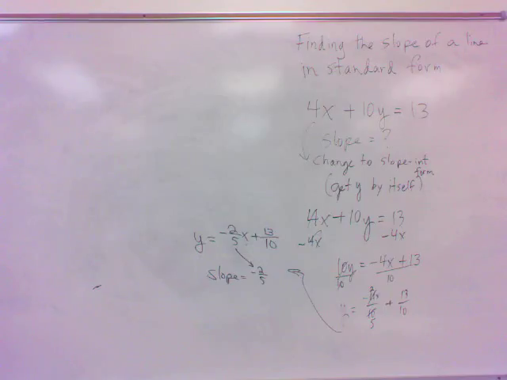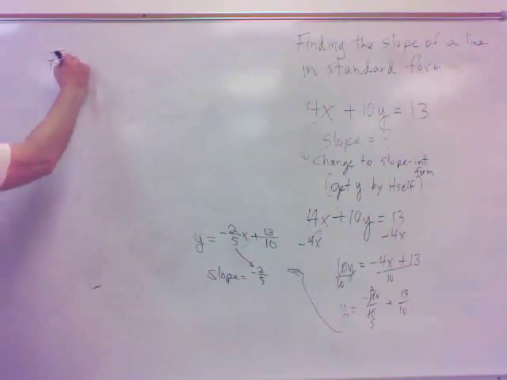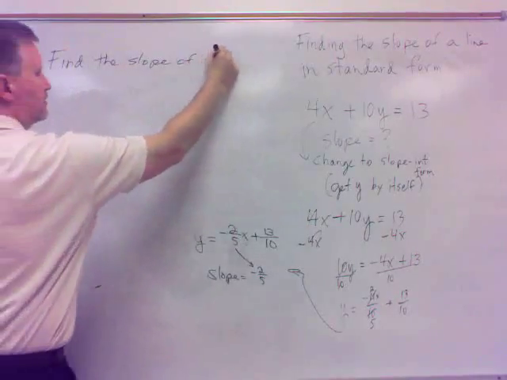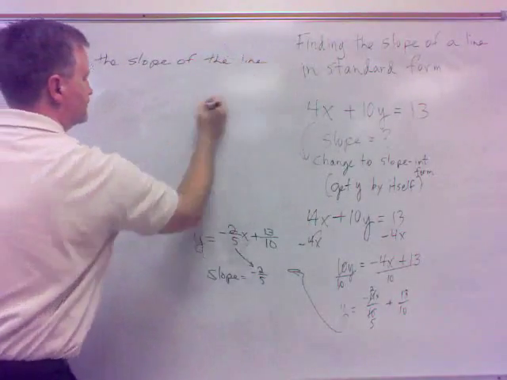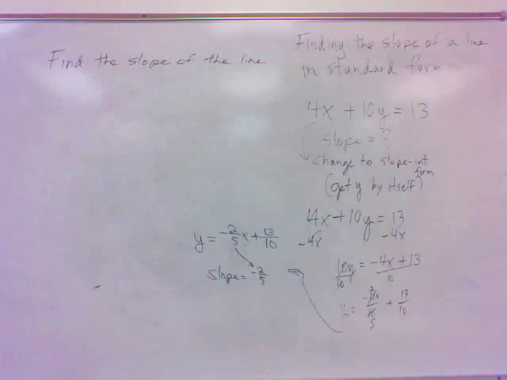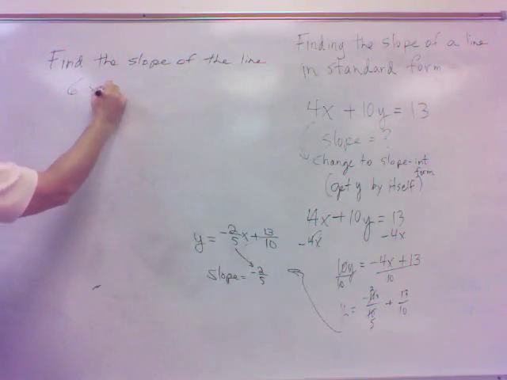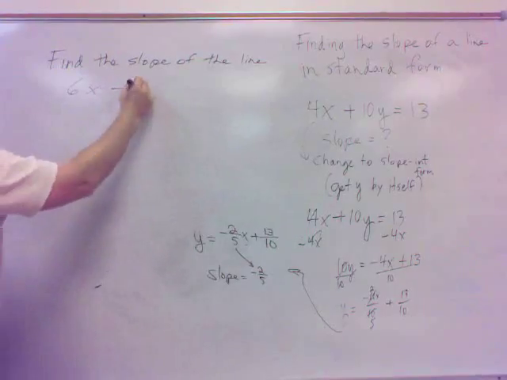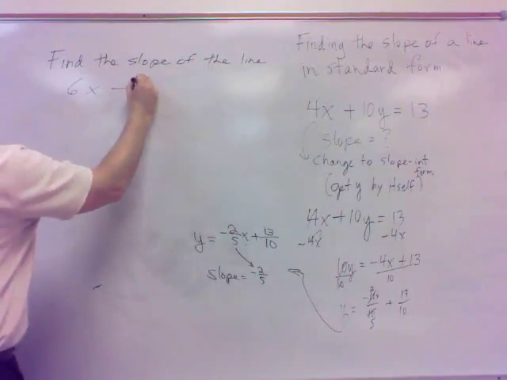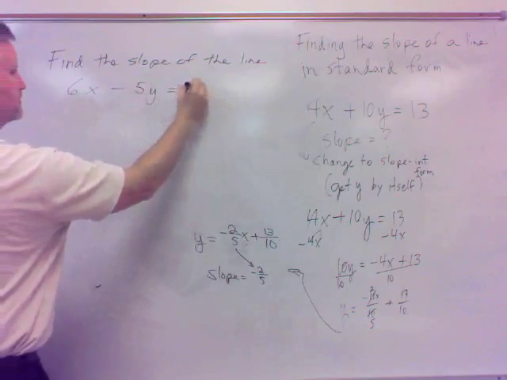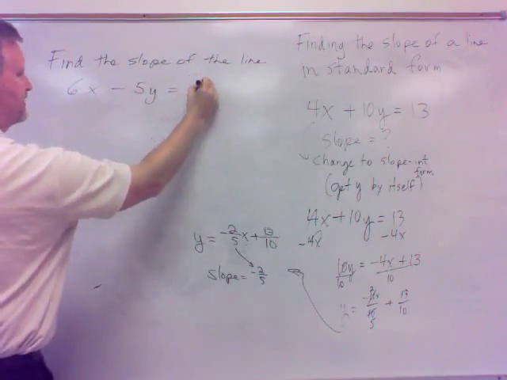All right. So let's say find the slope of the line 6x minus 5y equals 15.